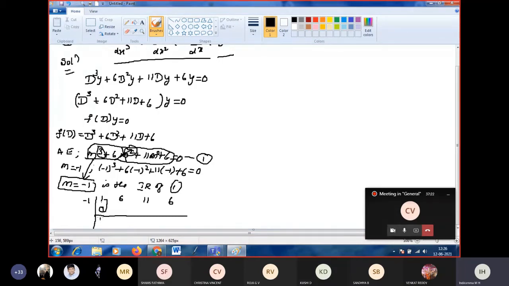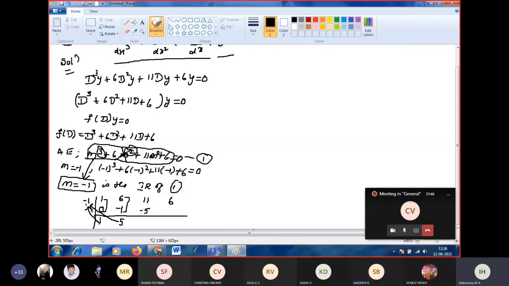Now you multiply these two. 1 into minus 1? Minus 1. That you should write here. Add these two. 6 minus 1, add. 5. Now you multiply 5 into minus 1? Minus 5.